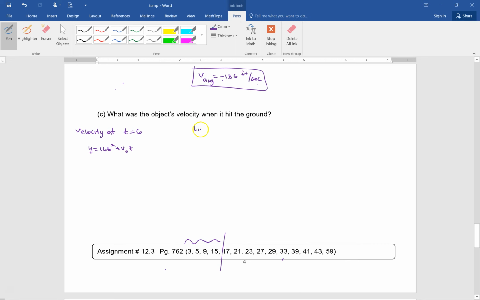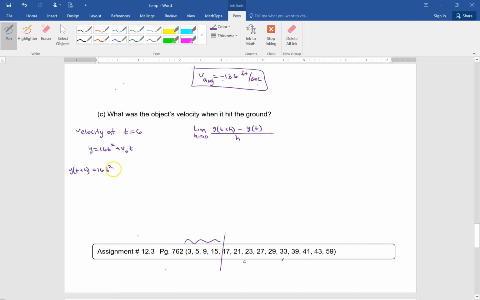So we need to do the limit as h approaches 0 of y of t plus h minus y of t over h, as h approaches 0, and then we're going to plug in 6. So remember we did f of t plus h all the time? That's what we're doing now. Because we want the instantaneous velocity at t equals 6.